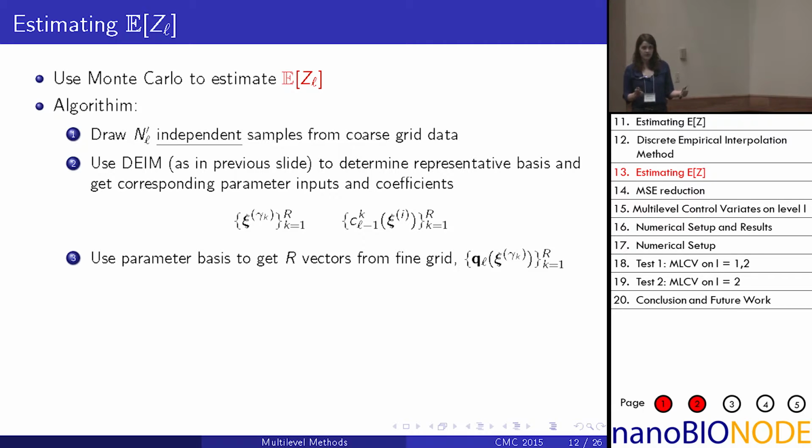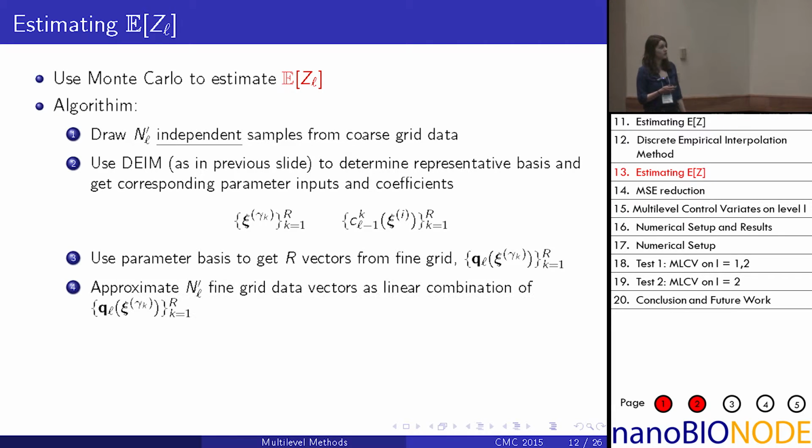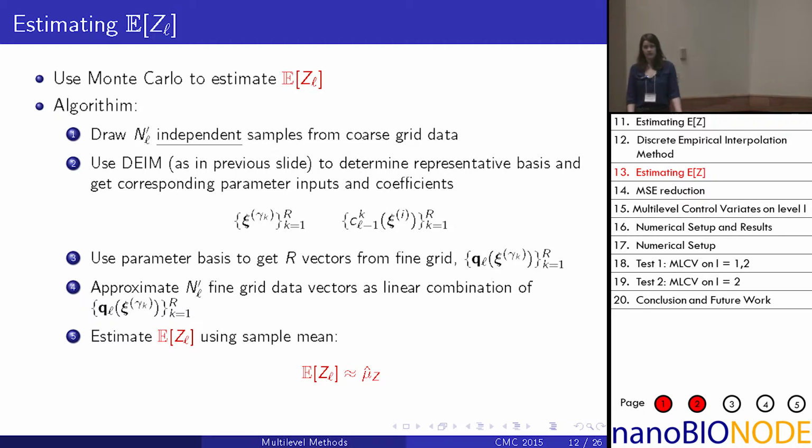We're not going to have as much cost on our fine grid, because we can now represent our fine grid data as a linear combination of those basis vectors on our fine grid. Then we approximate our expected value using Monte Carlo. What's nice about this process is that if we run multilevel control variates several times, we only have to do this process once. So while it brings about an extra cost, we only have to do it one time, offline.